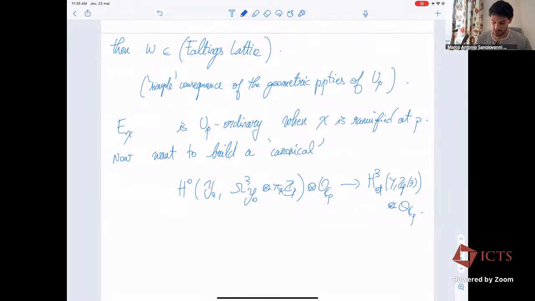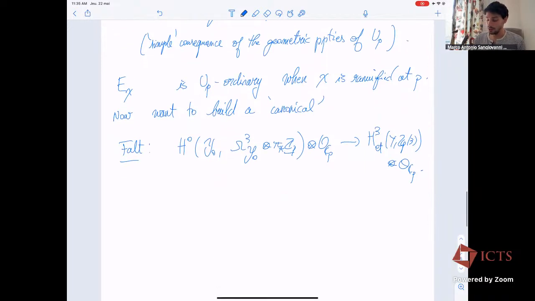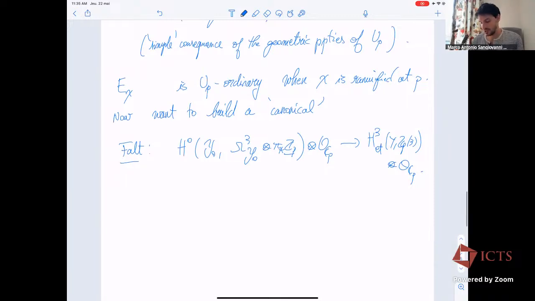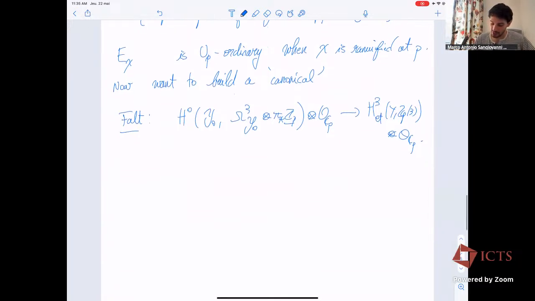Okay, so this I will call the Faltings map. What the integral Faltings extension will do is almost, in a mathematical sense, produce this sort of map. Maybe tensoring with O_Cp on both sides is a little bit too optimistic, but we will see what we can get, and that actually will be enough.